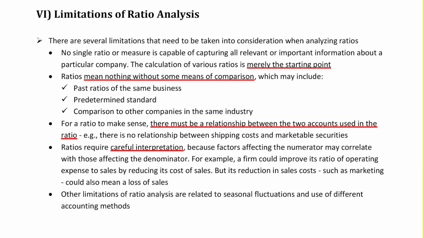But its reduction in sales costs, such as marketing, could also mean a loss of sales. Other limitations of ratio analysis are related to seasonal fluctuations, or it could be due to use of different accounting methods. So when you're using ratios, you need to remember these limitations of ratio analysis.